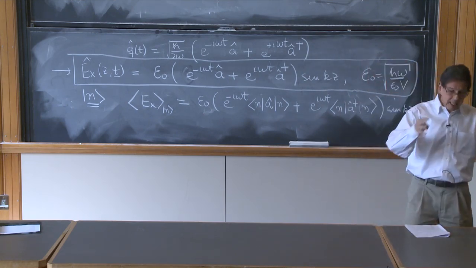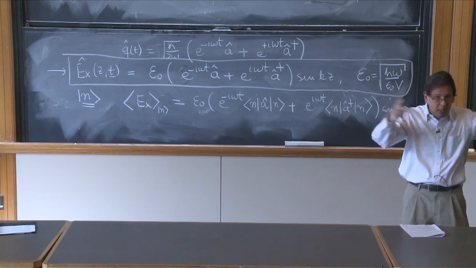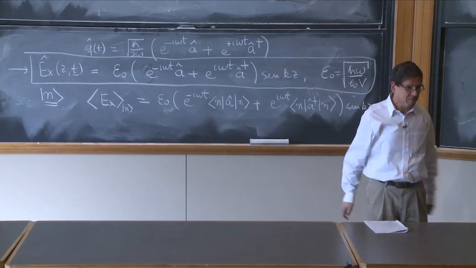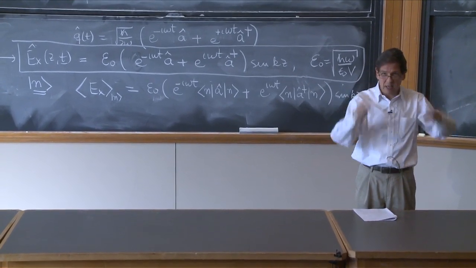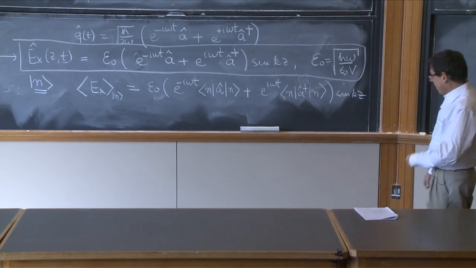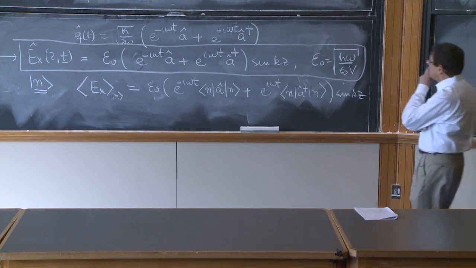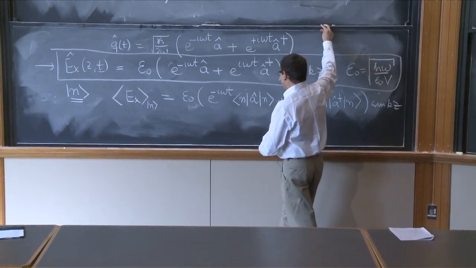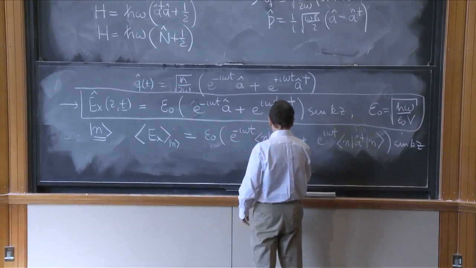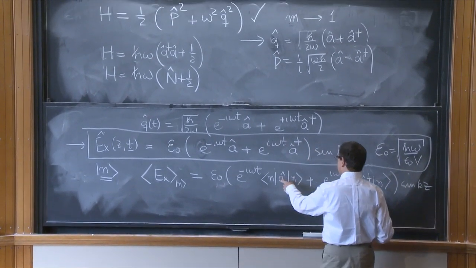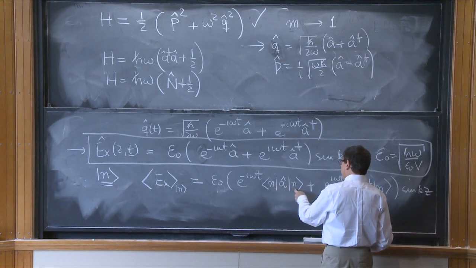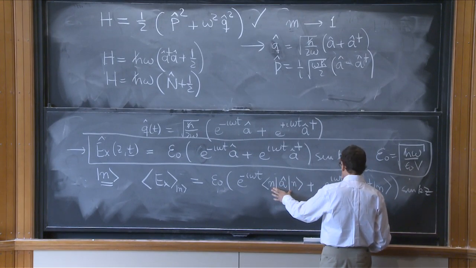So, this is a field operator, so we put it in a state, and we want to know how does the field look in that state, and how much do we get? Zero. Okay, that seems a little strange, but indeed, the matrix element of a in an energy eigenstate is 0.